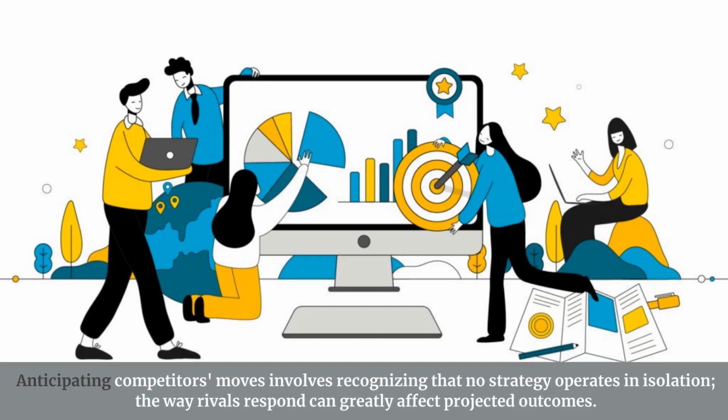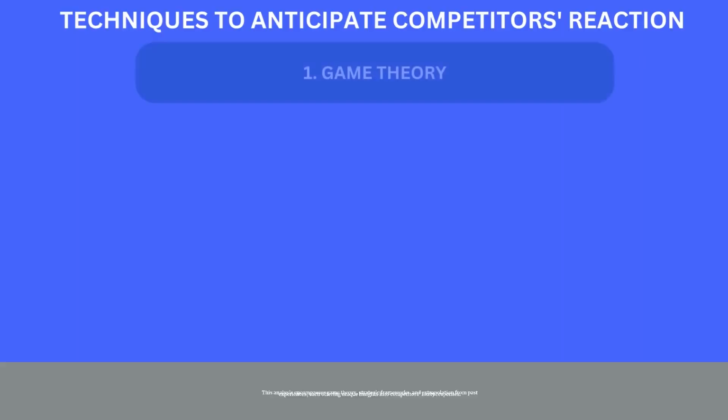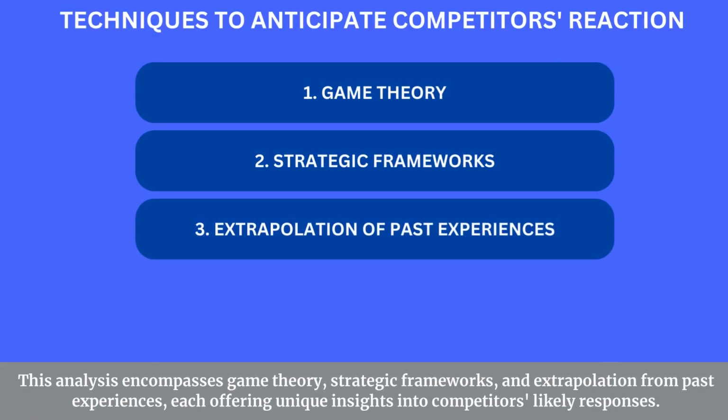Anticipating competitors' moves involves recognizing that no strategy operates in isolation. The way rivals respond can greatly affect projected outcomes. This analysis encompasses game theory, strategic frameworks, and extrapolation from past experiences, each offering unique insights into competitors' likely responses.